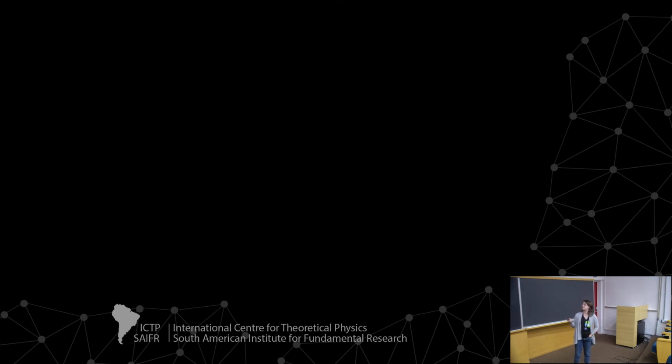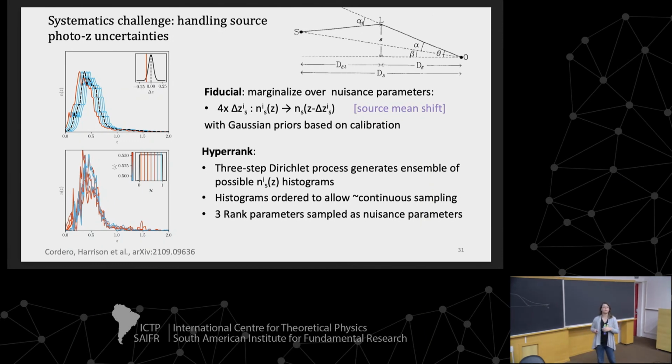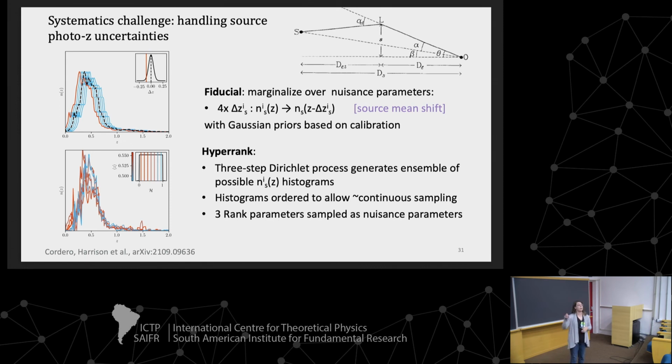Rather than just having one shape that shifts back and forth, you can produce an ensemble of realizations of the set of all of your N of Z functions that might be feasible given your measurements. And instead of sampling over these nuisance parameters that shift the distribution back and forth, you could sample over that ensemble of possible N of Z realizations.